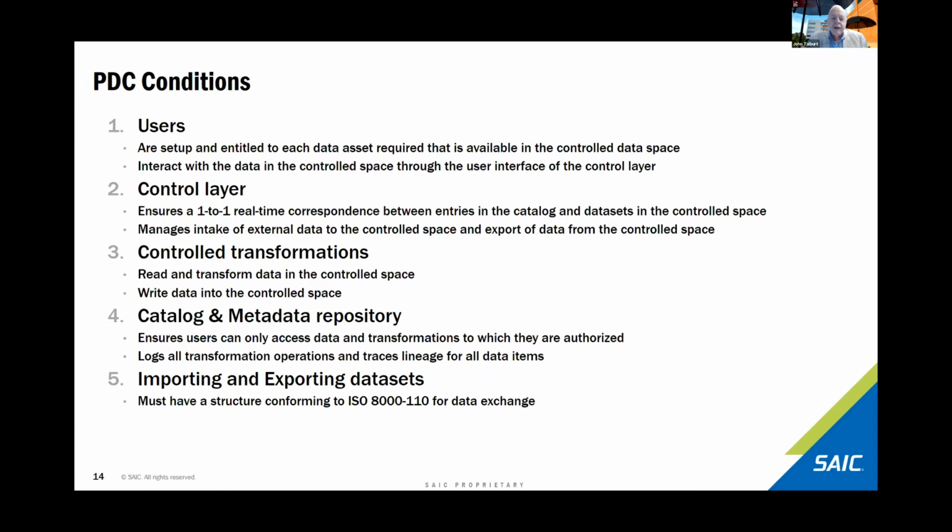As Justin and I are members of the U.S. Technical Advisory Group to ISO, we're very big into the ISO standards. And there's a good standard for data exchange that can be used in the positive data control framework. So this is our vision, and what we would really like to do is automate those aspects of data governance that are so hard to execute right now. And with that, I'm going to turn it back over to you, Justin.